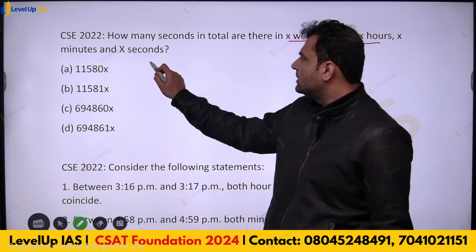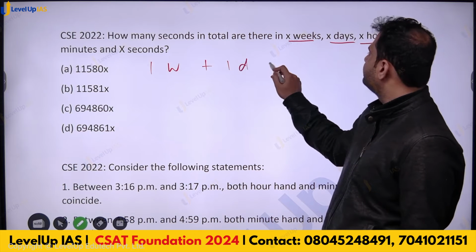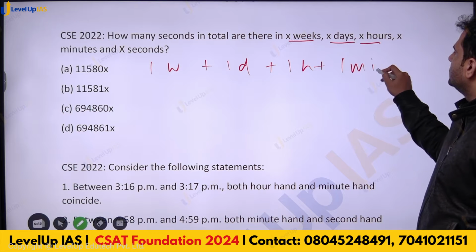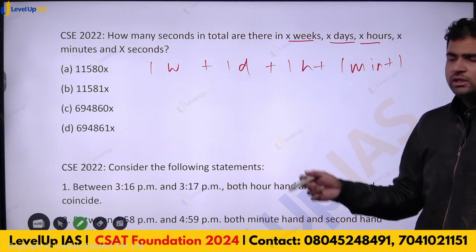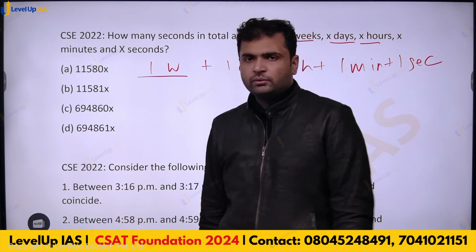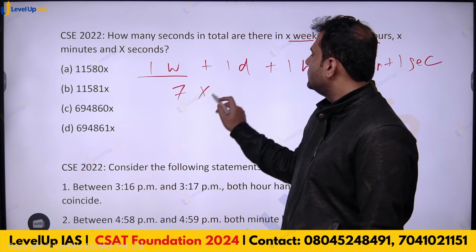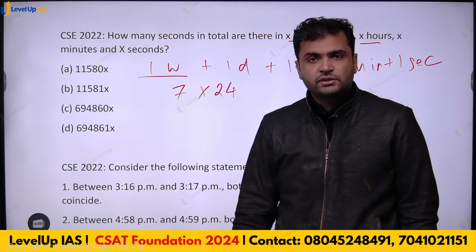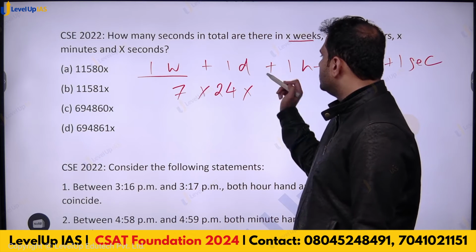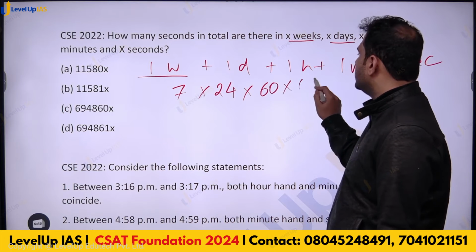So all we have to calculate is the number of seconds in 1 week plus 1 day plus 1 hour plus 1 minute plus 1 second. So we know that 1 week is 7 days, which is 24 into 7 hours, and each hour has 60 minutes and each minute has 60 seconds.